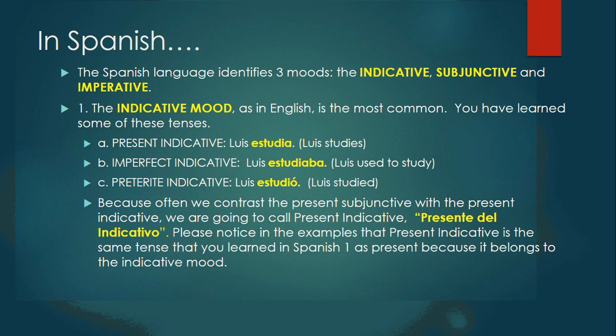Preterite indicative, Luis estudió. Because we often contrast present subjunctive with present indicative, we're going to call present indicative presente del indicativo. Please notice in the examples that present indicative is the same tense that you learned in Spanish 1 as the present, because it belongs to the indicative mood.